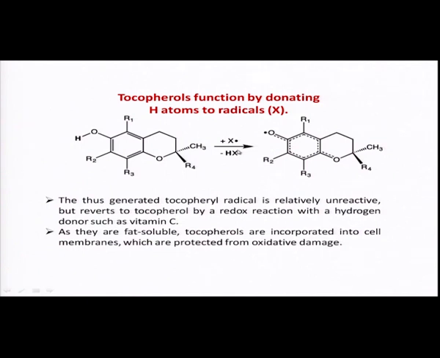Now you see here, this is an example of a free radical. This black dot represents the electron that it has kept within itself, which was earlier used as part of covalent bond formation. So now what is the function over here? Let's say this is a free radical generated as a byproduct of cellular metabolism. Now you see over there this tocopherol having a proton, and this free radical attracts this proton.